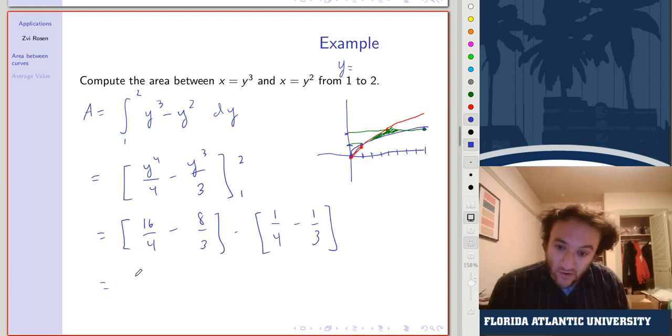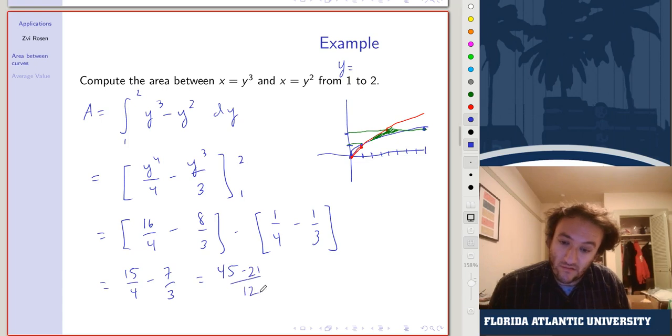And putting it all together, we get 15 quarters minus 7 thirds, or 45 twelfths minus 21 twelfths, which gives us 24 over 12, or 2.